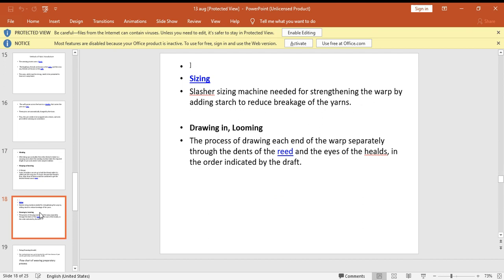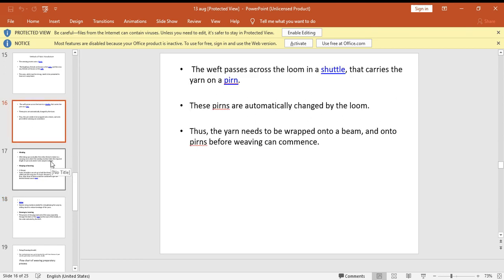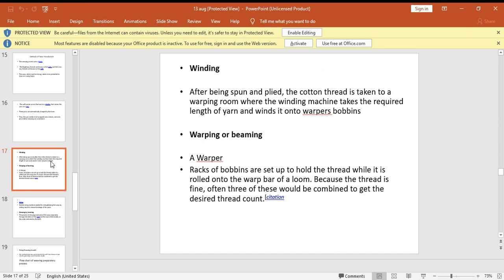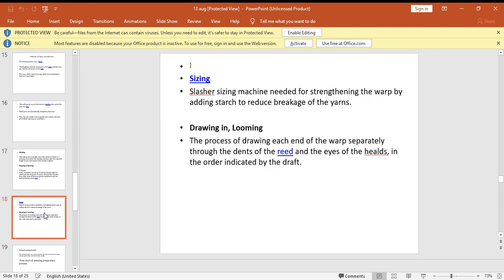These are all methods of fabric manufacture. So to get a loom, we require what? First one is winding to get the weft yarns, and warping. Warping is for warp yarns, also called warping or beaming.